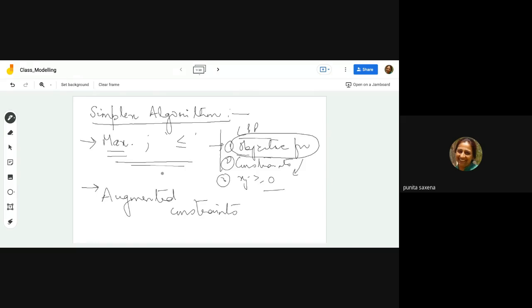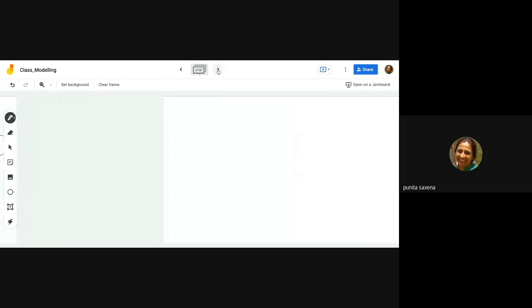As an example, take question number 9 of this exercise, I think this is 7.4.